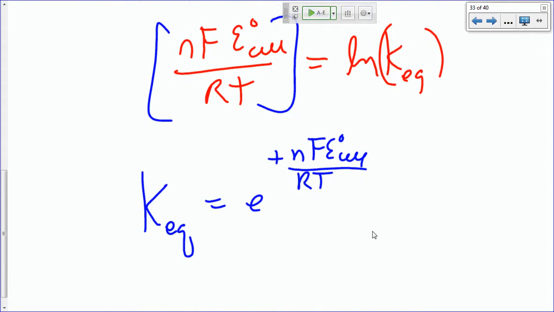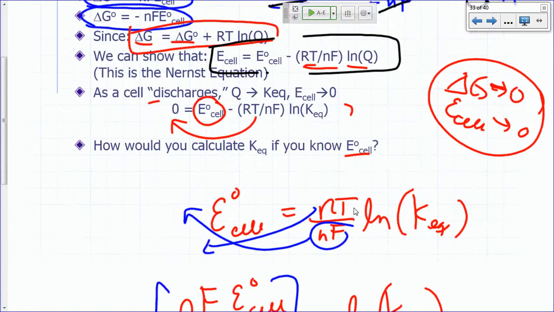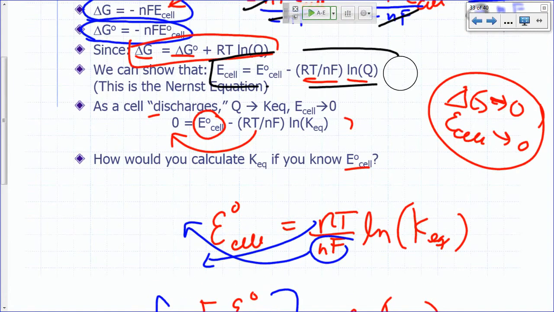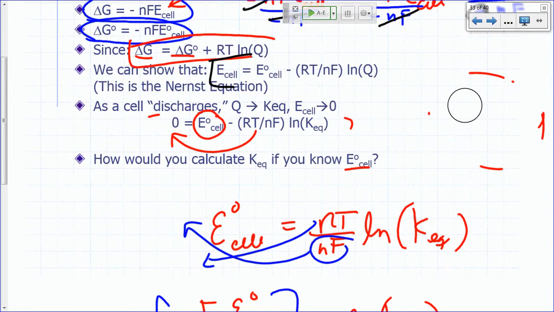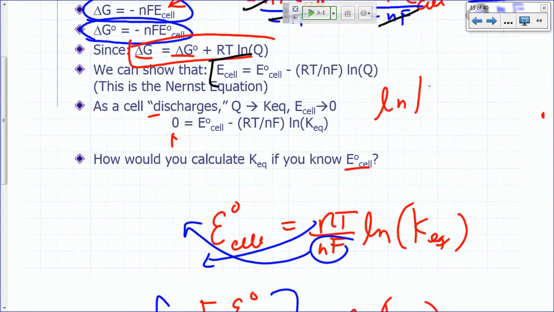Remember you also said that instead of ln k, you can use base 10 logs. The alternative form of your Nernst equation, what was it? Here's a math review. Ln of k would be equal to 2.303 base 10 log of k. So if you take base 10 log, you multiply by 2.303, that gives you natural log.